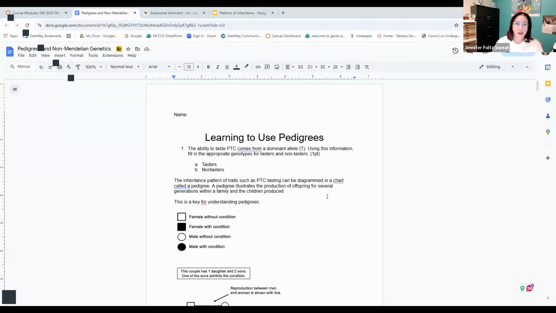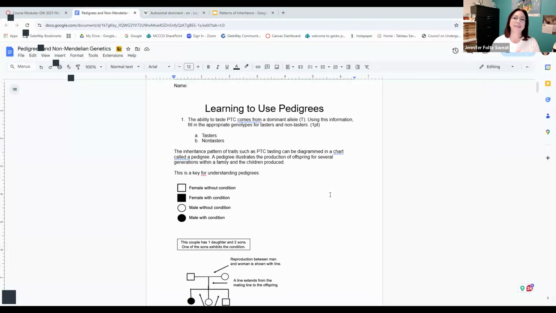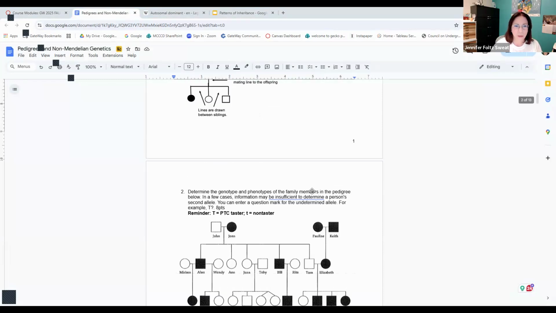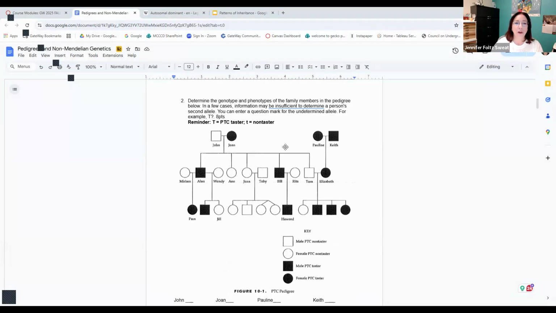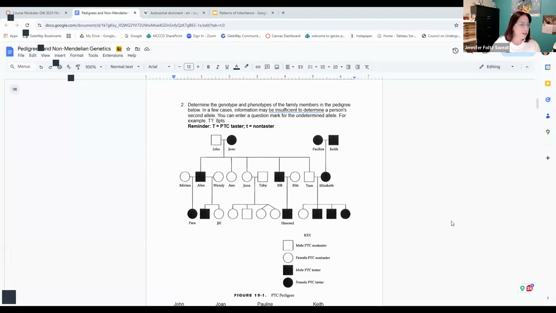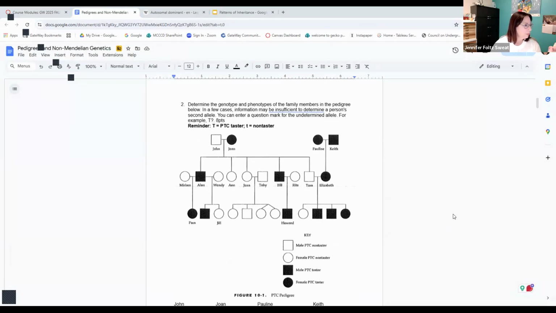So your homework takes it a step further, right? First, we're going to do pedigrees. Now, I told you guys to skip. Oh, good, I took it out. Okay, so can everybody see this okay, or do I need to make it larger?